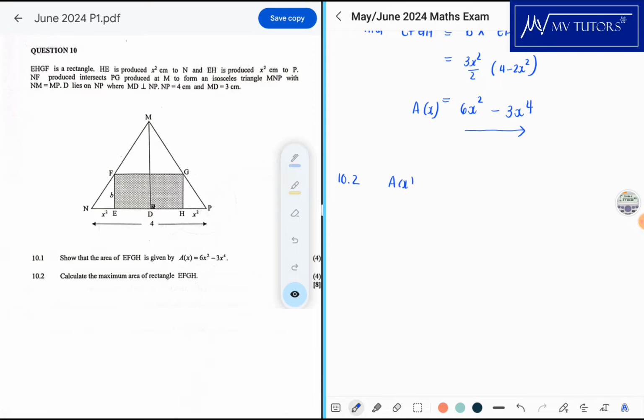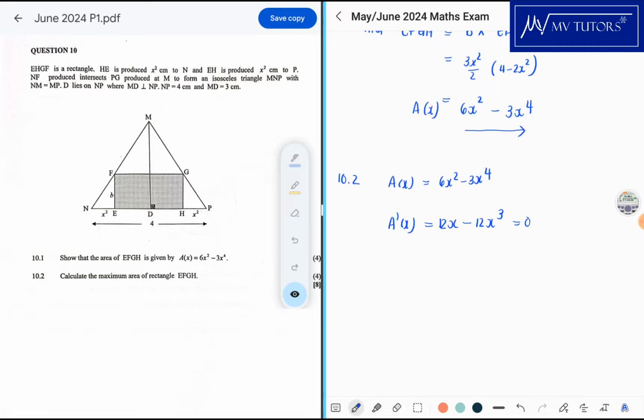So if our area here is 6x squared minus 3x to the power 4, if you want to get the maximum or the minimum, you need to get the first derivative. Okay, and then make it equal to 0 and then solve for x. So I have here 2 times 6, which is 12x, and I have 3 times 4, which is 12x to the power 4 minus 1, which is 3.